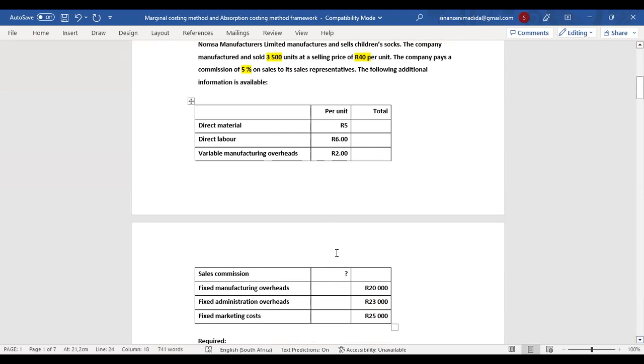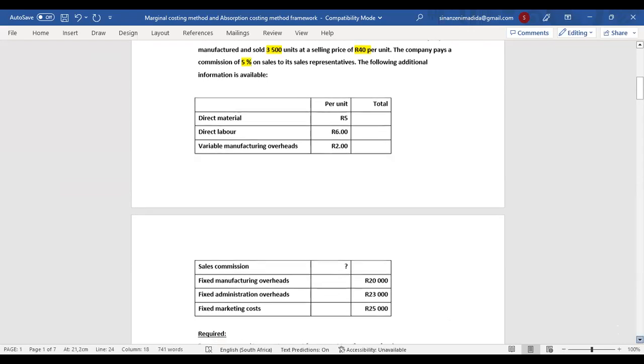We are told that it's 5%. We need to calculate it. You are also given fixed manufacturing overheads of 20,000, fixed administration overhead of 23,000, fixed marketing cost of 25,000. And where are you going to put this in our framework? The framework that we are given.